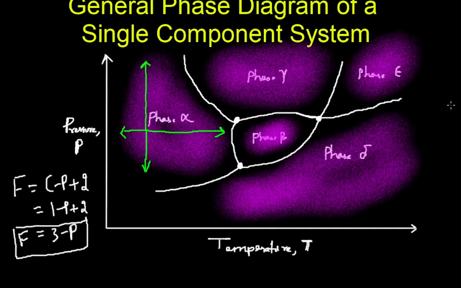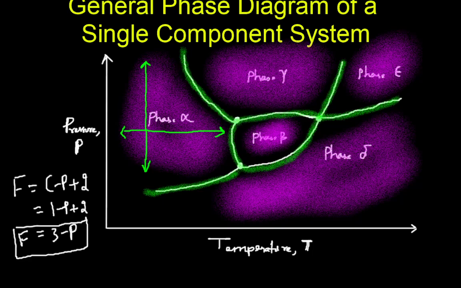Okay, now let us go into where two phases are in equilibrium. If you look here, whenever two phases, for example here phase alpha and phase beta, here phase alpha and phase delta, here phase beta and phase delta, here phase epsilon and phase delta are in equilibrium, what is the number of degrees of freedom?